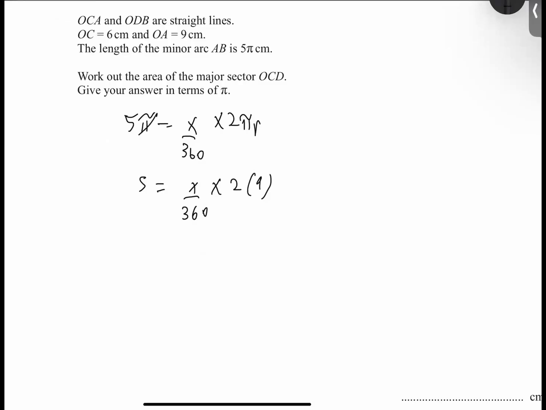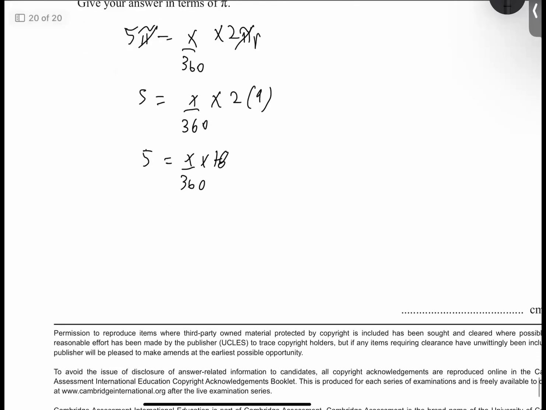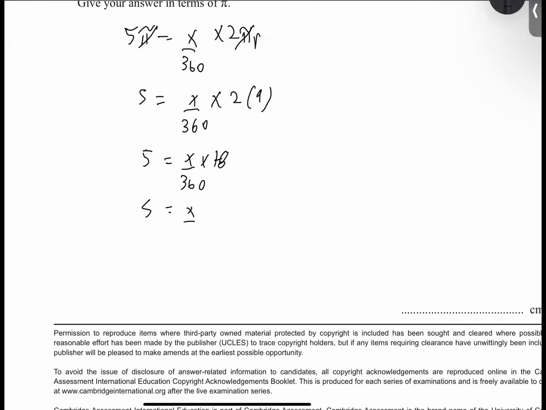Since this pi and this pi cancel out each other, 5 is equal to x over 360 into 18. We're going to simplify the equation a bit. We're going to do 180 over 9, since both are divisible by 2. So 9 ones are 9 and 9 twenties are 180. So it's going to be 5 equals x over 20. So 100 is equal to x.